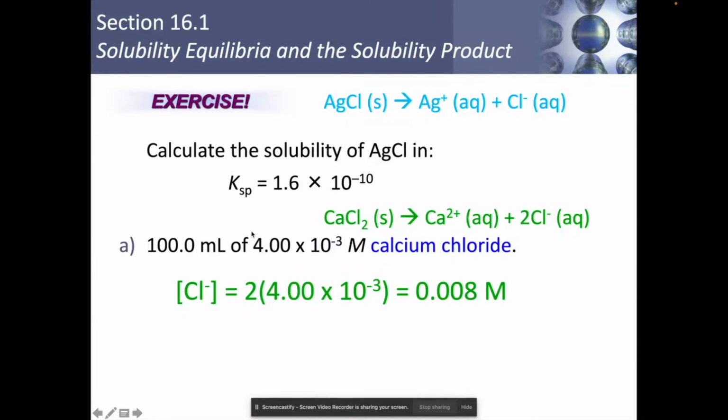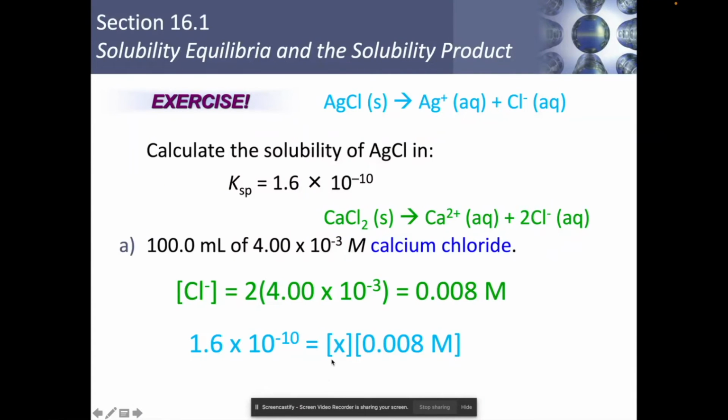So if the molarity of calcium chloride is this, the molarity of the chloride portion is going to be double. So double this is 0.008 moles per liter. Okay, great. I can plug that into the Ksp for my silver times my chloride. So remember, Ksp is right here, 1.6 times 10 to the negative 10. Perfect.